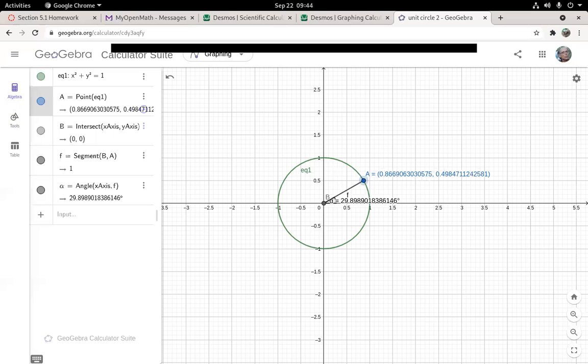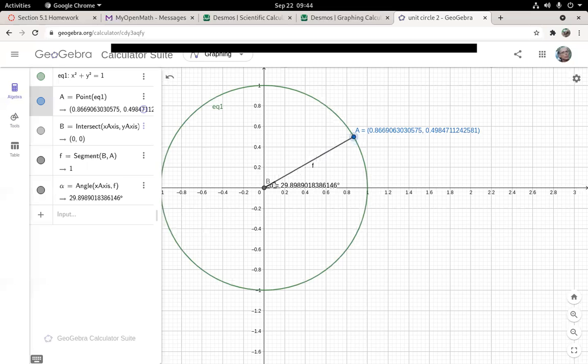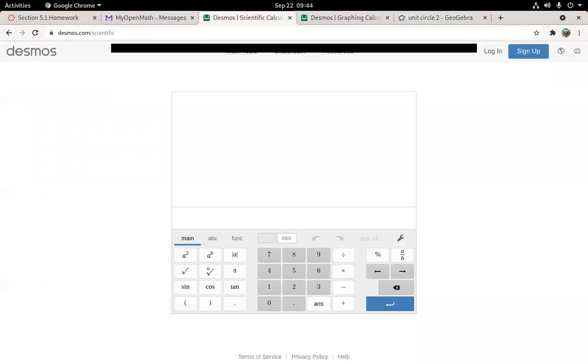So this says 29.8989. I'm going to go to another calculator and show the relationship between this angle and the x value. GeoGebra says this angle is about 29.8989, and the x value is about 0.86691-ish.